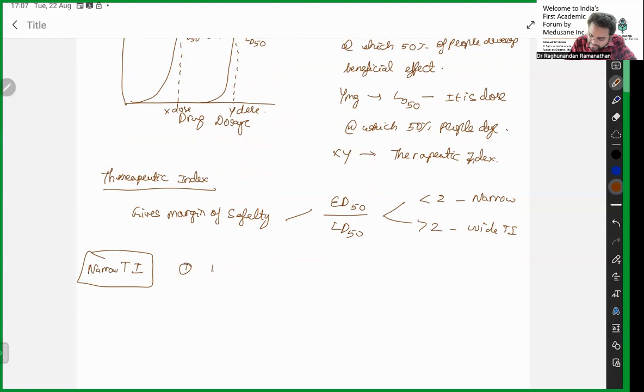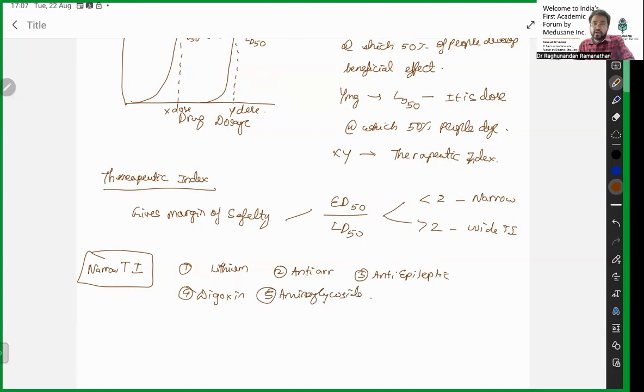Number 1, lithium. Number 2, anti-arrhythmic drugs. Number 3, anti-epileptic drugs. Number 4, digoxin. Number 5, aminoglycosides.